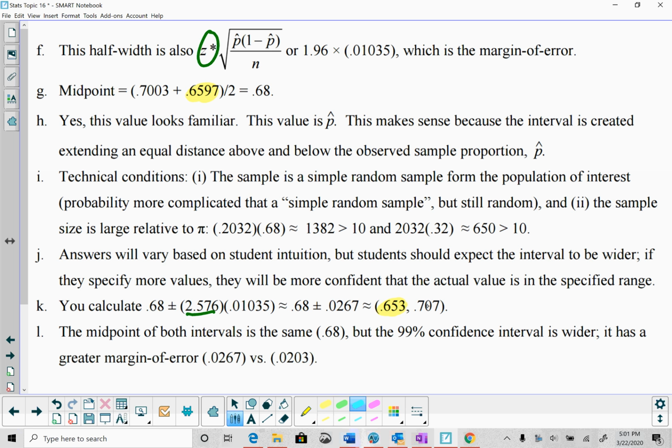Okay, and compare here the 0.707 compared to the 0.7003 that they did. Again, it's further away. The midpoint's going to be the same. That's our stat of 0.68. And it's wider because it has a bigger z star. We're multiplying the margin of error by a larger value.